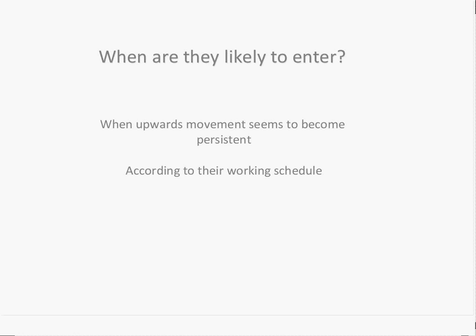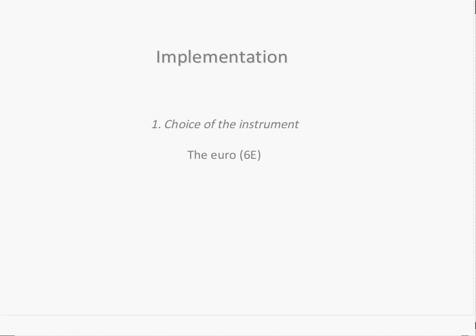So if there is an upward movement that seems consistent to them, they buy. On the other hand, they all work according to their working schedule. They don't trade during night time. They trade only according to their working schedule, with the lunch break.